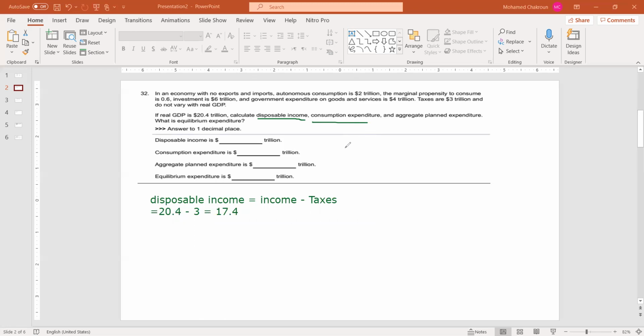Consumption expenditure is equal to autonomous expenditure plus induced expenditure.